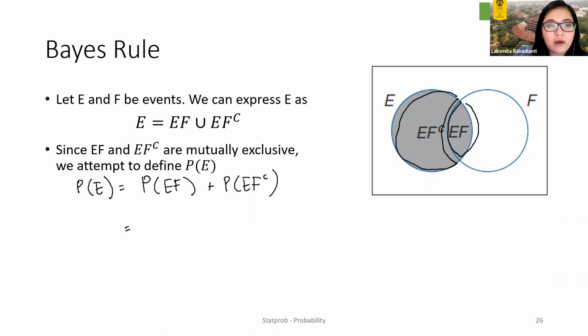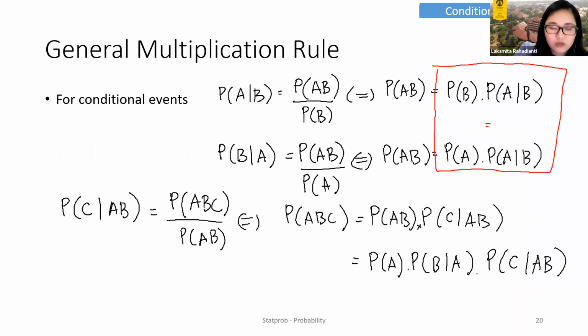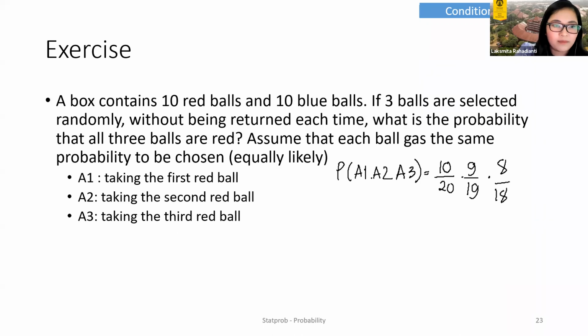So I want to now define P(EF). Remember, when we were talking about the conditionals, when we were writing down P(A)... let me go back. This is the one I'm referring to. So we know that I could redefine my probabilities back and forth based on A, based on B, and so forth.